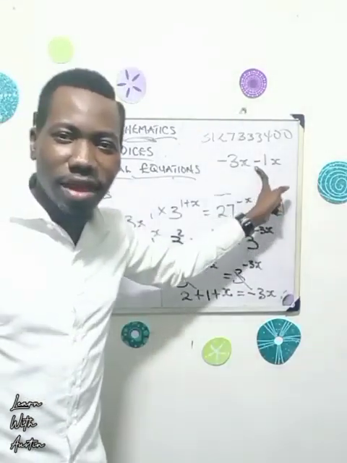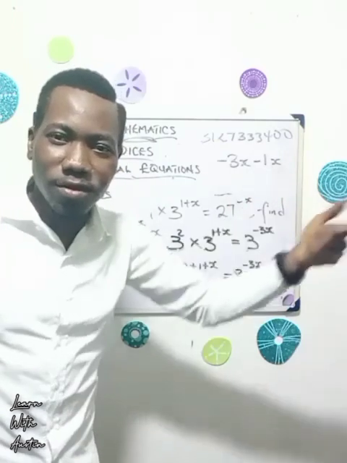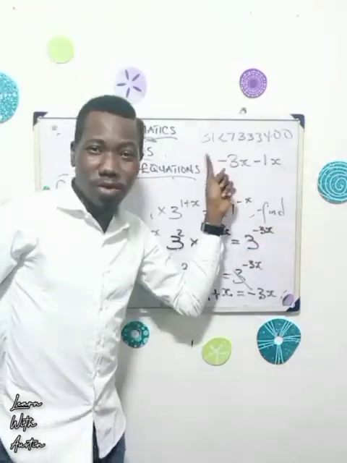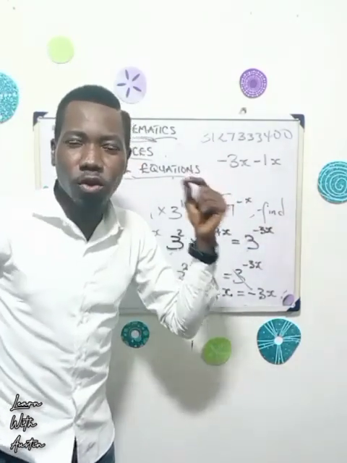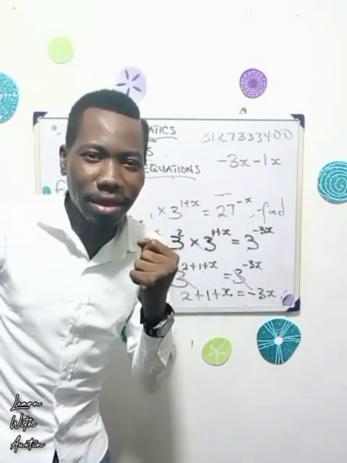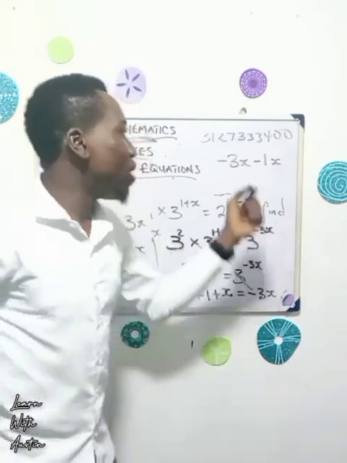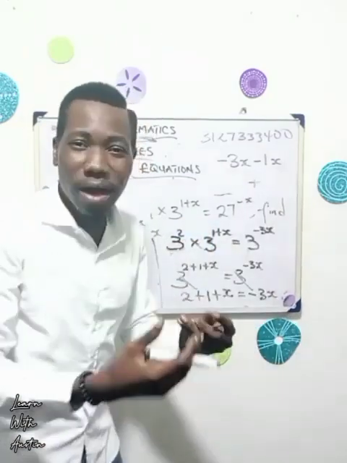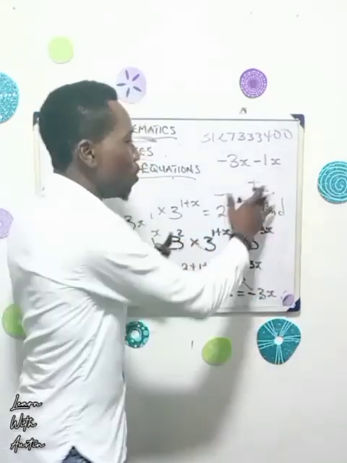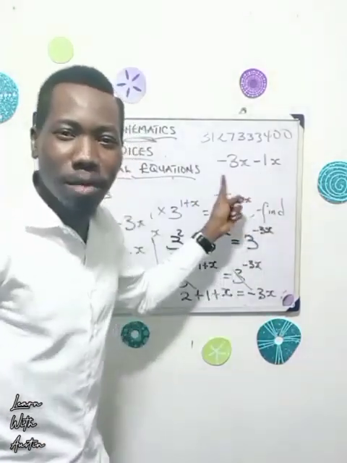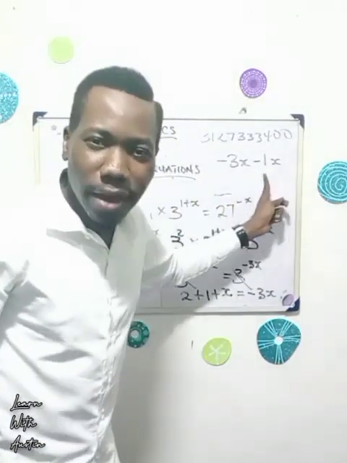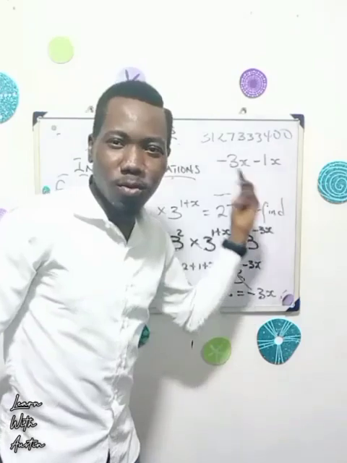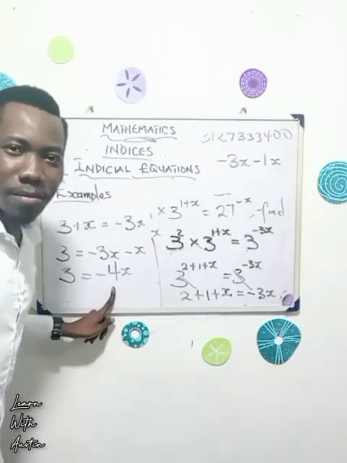When you have a negative number, see it as what you are owing, and when you have plus, see it as what you are having. It makes it easier to solve. So I'm owing 3 and I'm owing 1, so I'm owing 4. So minus 4, and that's how we got our minus 4x.